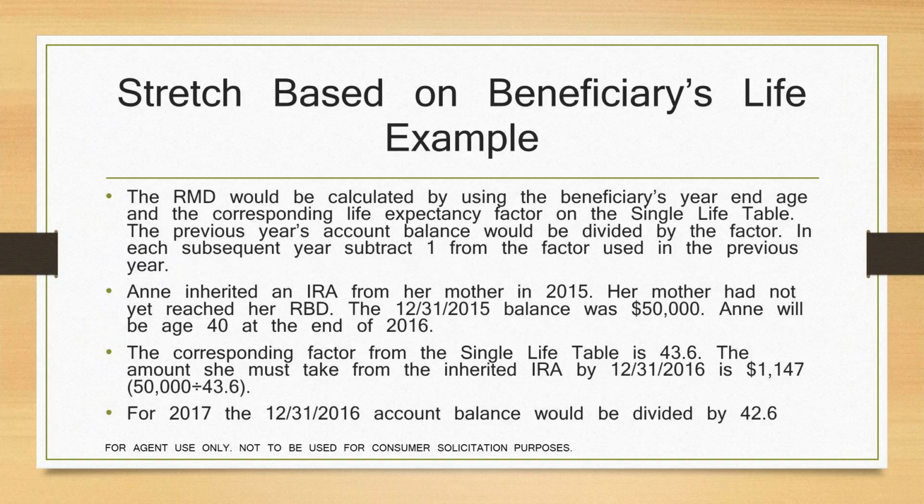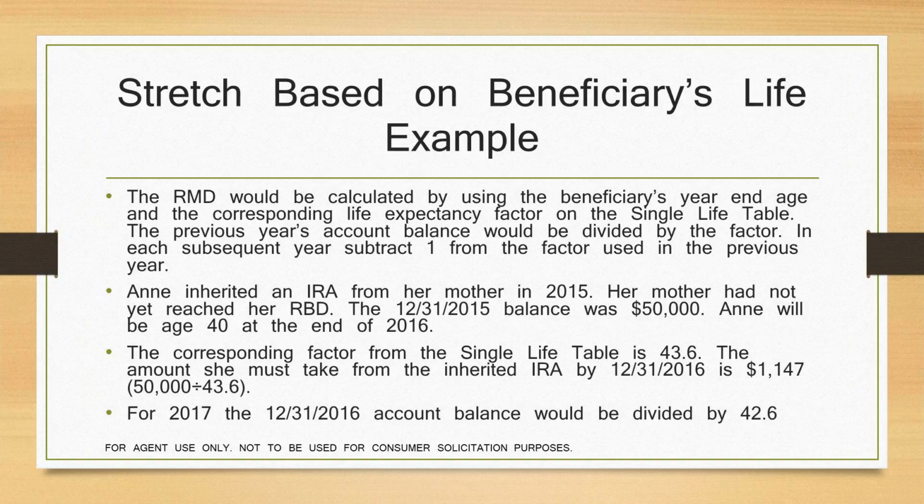And this example goes through the possibility that a non-spouse beneficiary inherited the account from her mother, and it goes through the calculation about how stretch might be elected beginning with the year after the decedent's death and how the stretch obligation would be calculated.